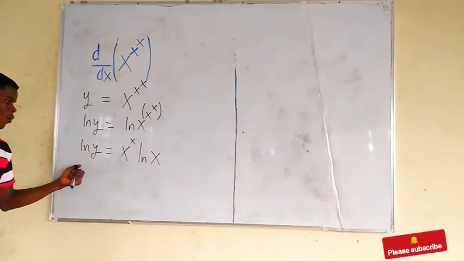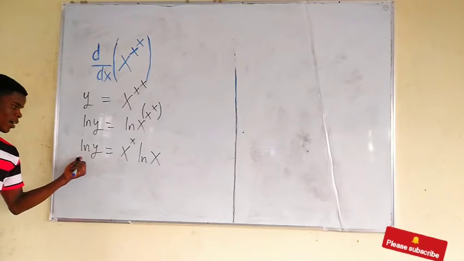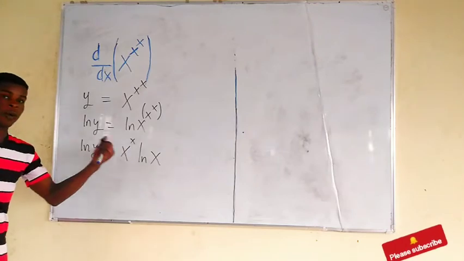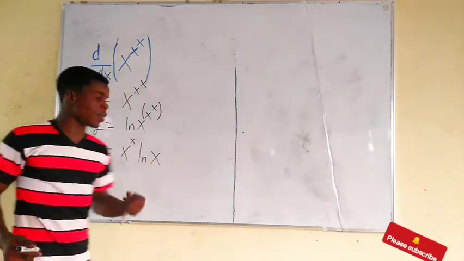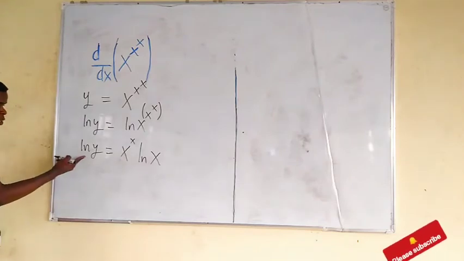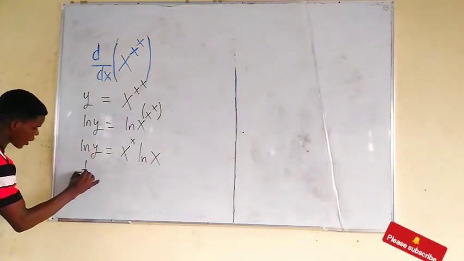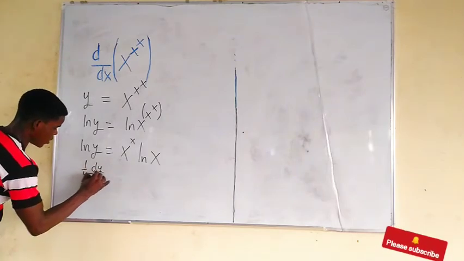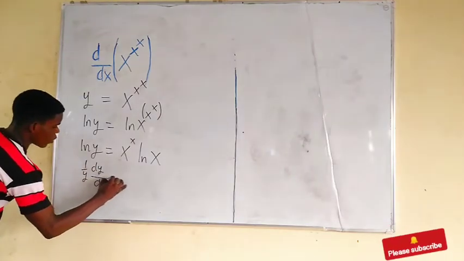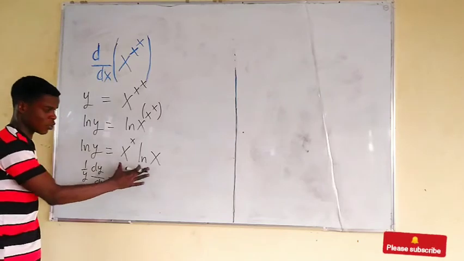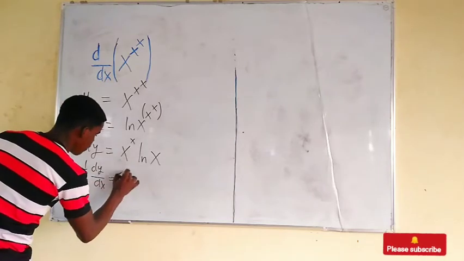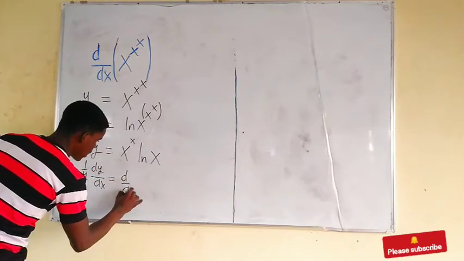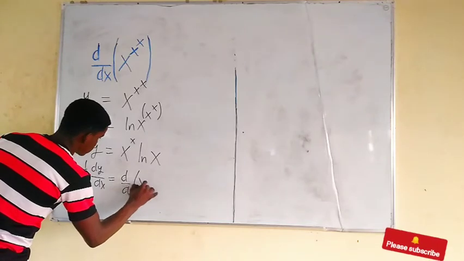So here, I will go ahead and differentiate ln y with respect to x. I'll have the derivative of ln y just 1 over y. And since we are doing this implicitly, we're going to be left with dy dx equal to, we're going to differentiate, you know, this is a product, so the derivative with respect to x of the product.